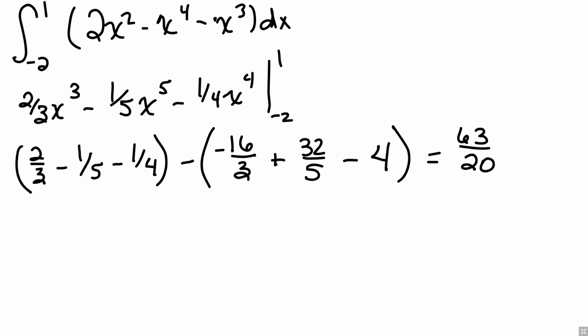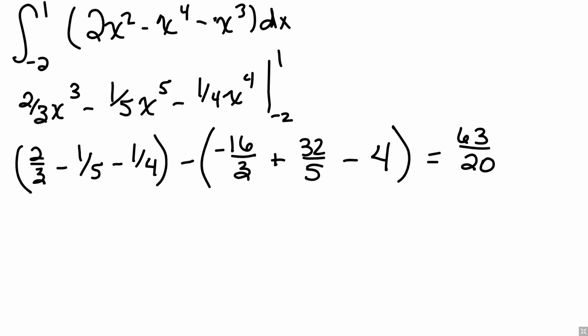Okay, so next, let's take a look at the last example of this section. The last example of this section says this: find the volume of the solid cut from the first quadrant by the surface z equals 4 minus x squared minus y squared. I mean, not y squared, minus y.